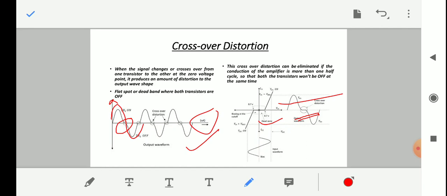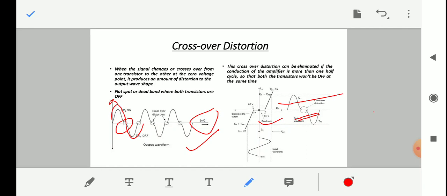This is overcome by the next power amplifier known as class AB amplifier. So in class B amplifier there is a crossover distortion. Crossover distortion occurs when the input crosses the zero voltage level.